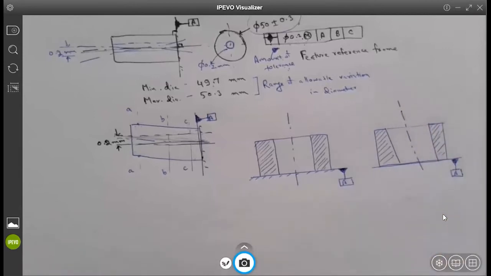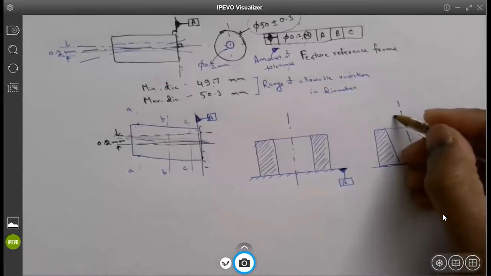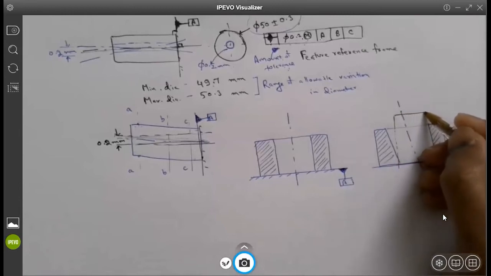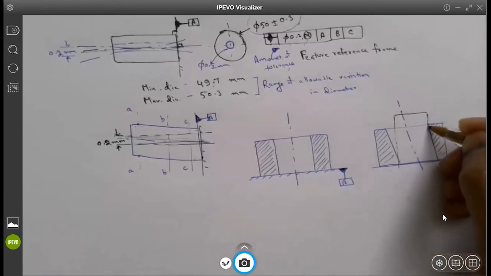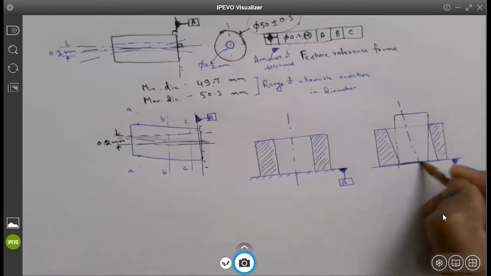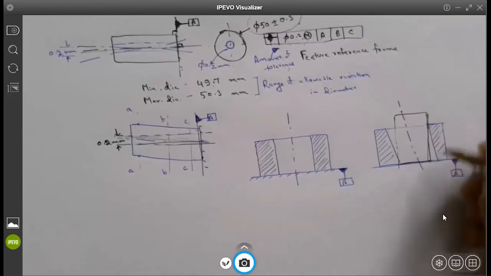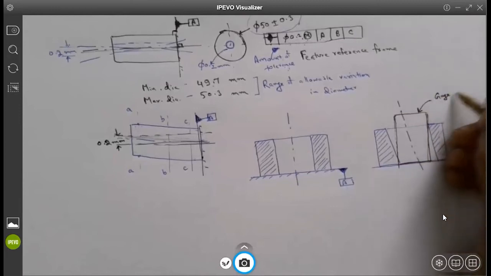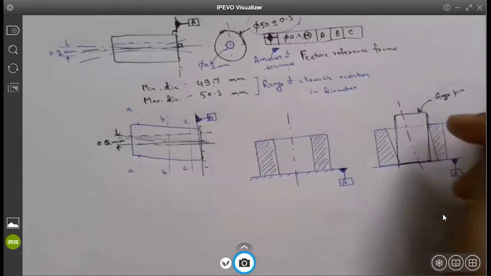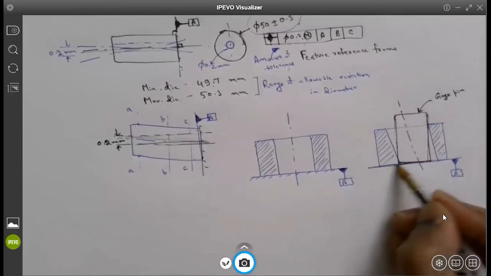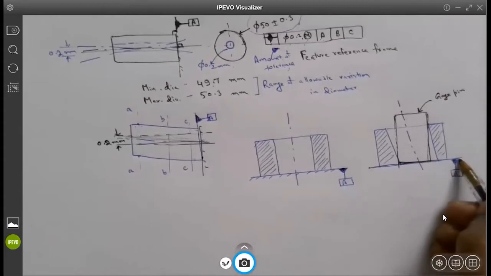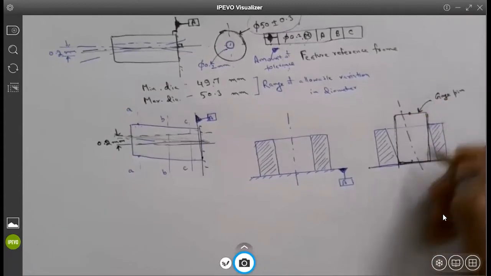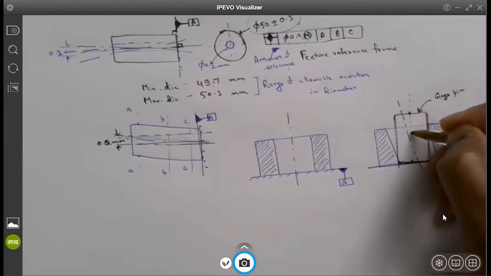We are going to insert a dowel pin that is perfectly smooth and has a perpendicular orientation. This is a gauge pin, which has almost perfect form. The maximum diameter of that gauge pin is inserted such that it maintains a perpendicular orientation with respect to datum A, and the center points at the top and bottom will define the true axis.